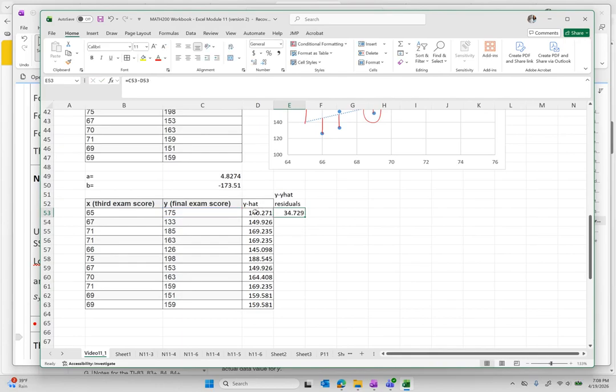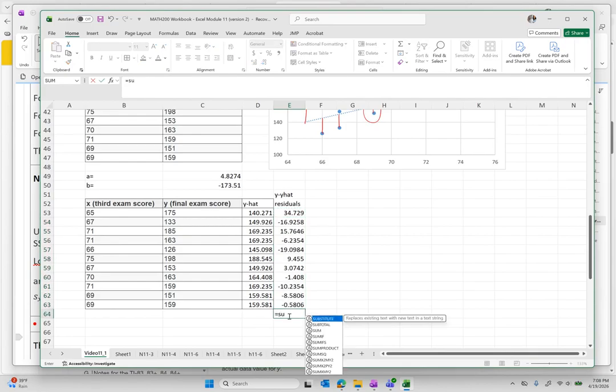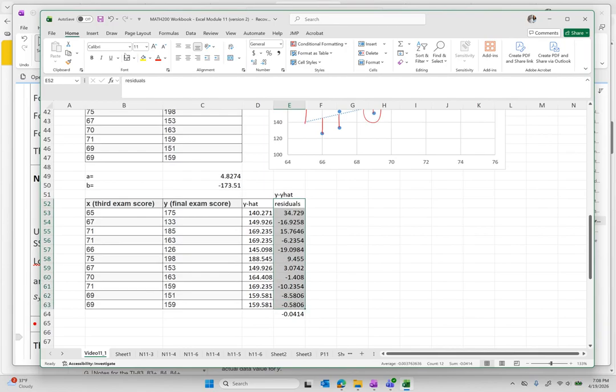And then if I copy my formula down, if I add those errors, I will not find them to be equal to 0 when I should have found them to be equal to 0. So the question is, why did I not find them to be equal to 0? I would like this sum of the errors to be equal to 0.